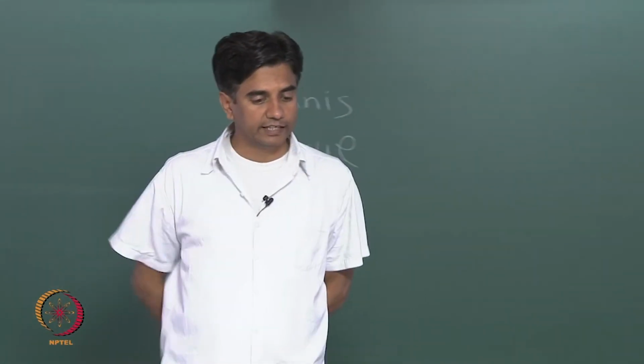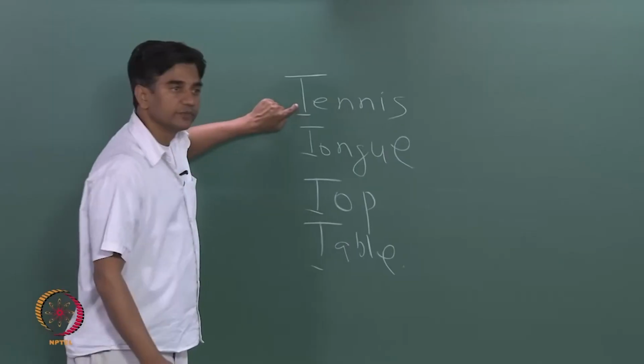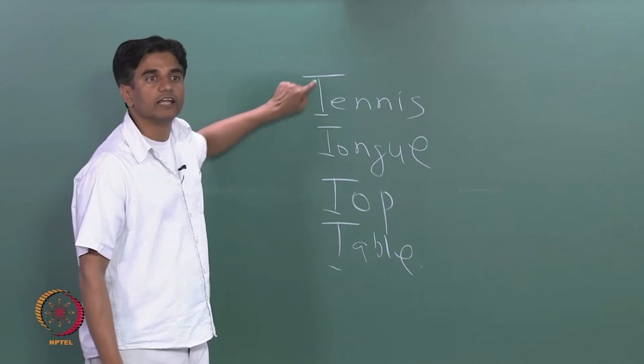Take you back there again. If the other place was alveolar ridge, and the previous one was teeth, somewhere in between alveolar ridge and teeth, we have to find a place for that, and that place is sometimes called simply alveolar. So these sounds of English are called alveolar sounds.